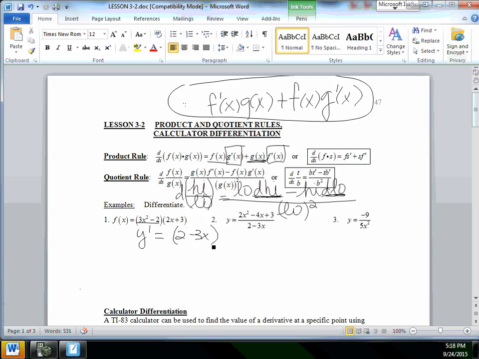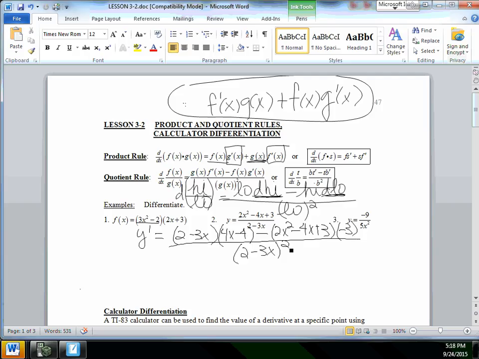D high, take the derivative of that top, which is 4x minus 4, minus high, now leave your top, d low, take the derivative of the bottom, that's negative 3, all over, and that's normally what students forget, is to do their all over low squared.